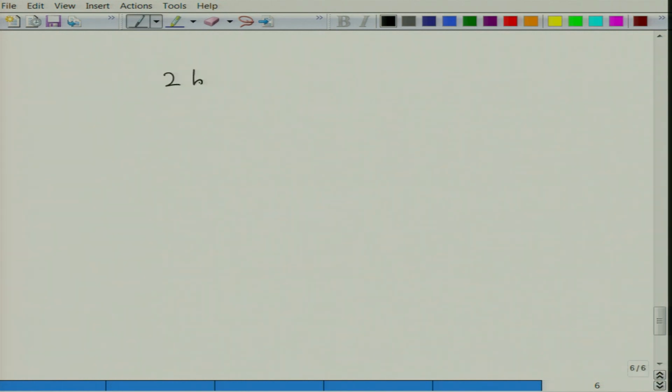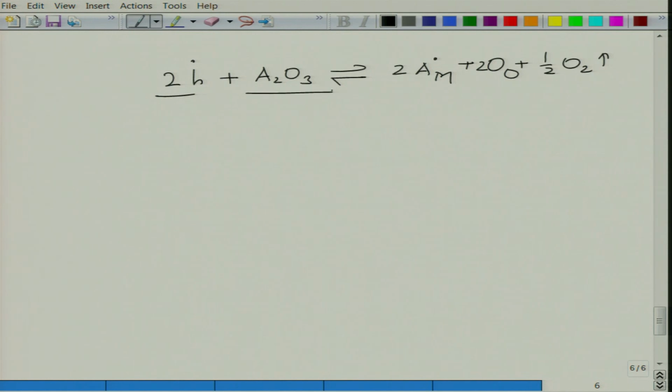Alternatively, if you have, let us say, holes in the system or electrons in the system, in this case if you had holes in the system, then you again dope it with A2O3, then 2A go to M site plus 2O go to O site, and this becomes half O2. So, you can reduce the hole concentration by doping it with a higher valence oxide.